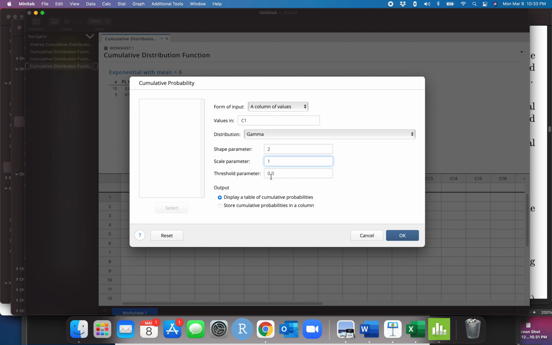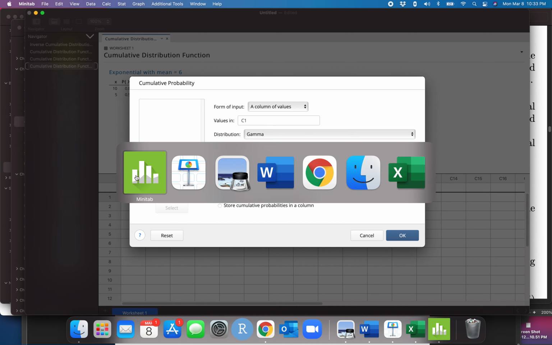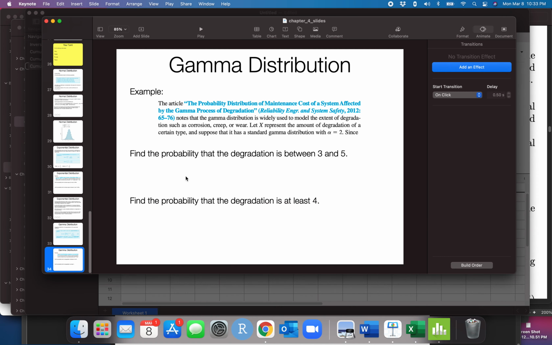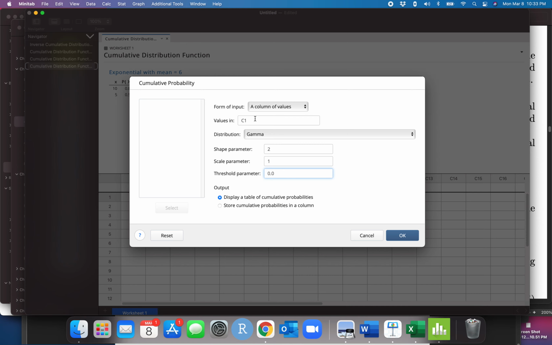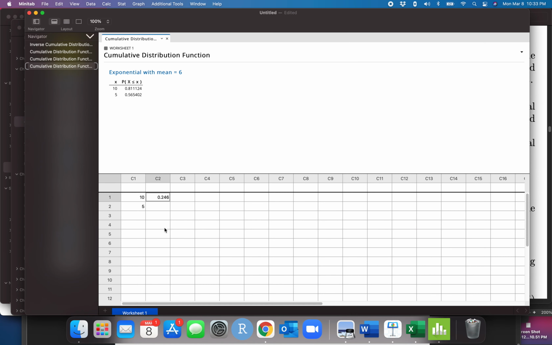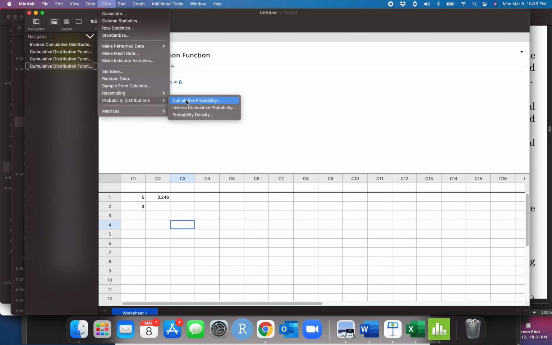Don't worry about this threshold parameter. It's always going to be 0 for us. Okay, and specifically, I'm interested in 3 and 5. So, actually, let me say here 5 and 3. Okay, 5 and 3, and then let's go back and do that calculation.